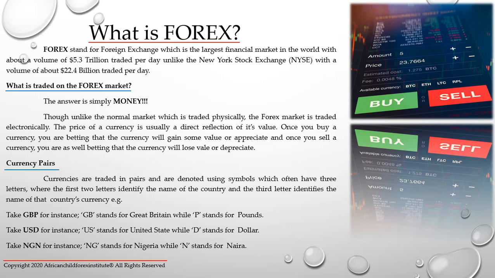Either it's 4 million, 2 million, or whatever. Or probably a gold wristwatch, a diamond wristwatch. The price reflects the value of an object or a commodity. So in the foreign exchange market too, the price of a currency determines its value.